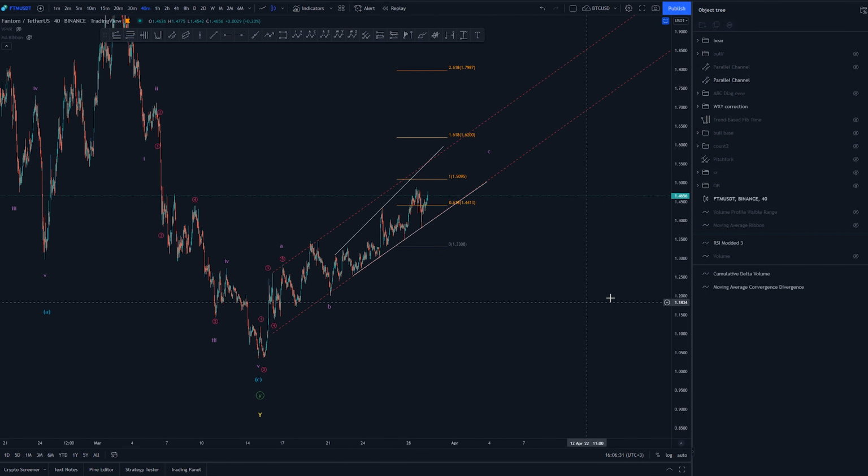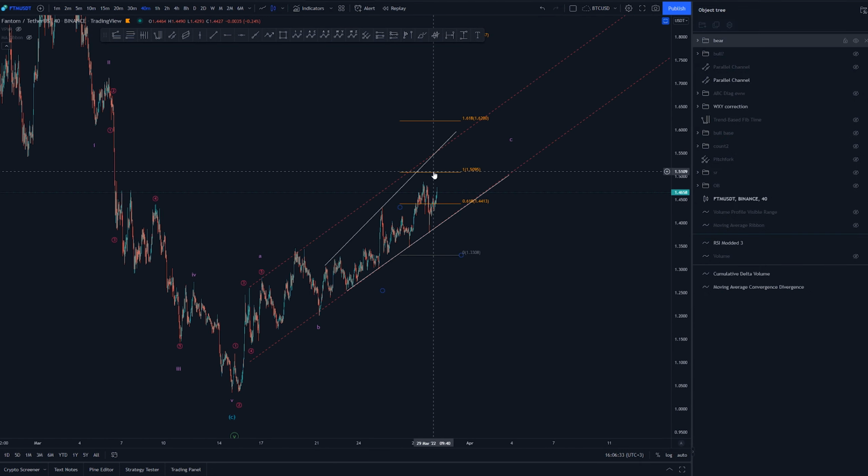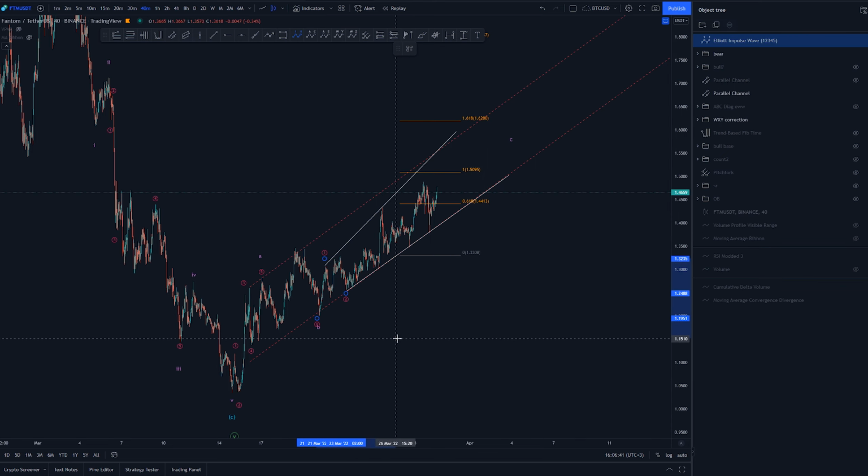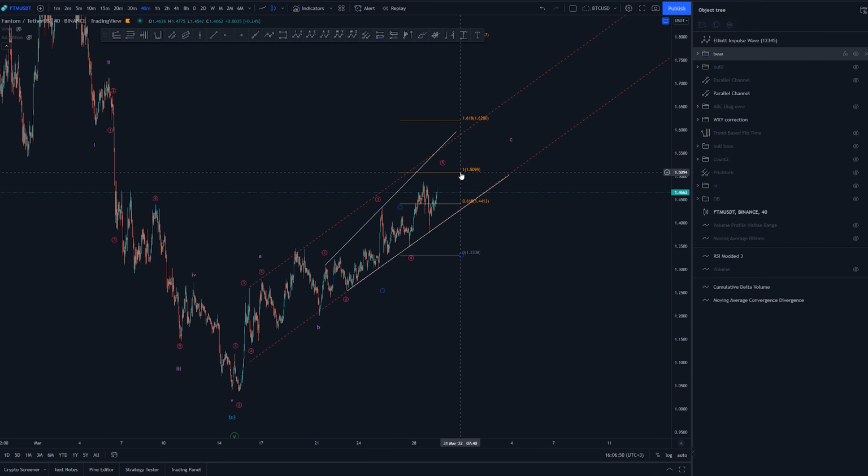There are possibilities. Again, this is one way to say that we have 1, 2, 3, 4, and now making the 5th, which needs to come above this 1-to-1 extension.